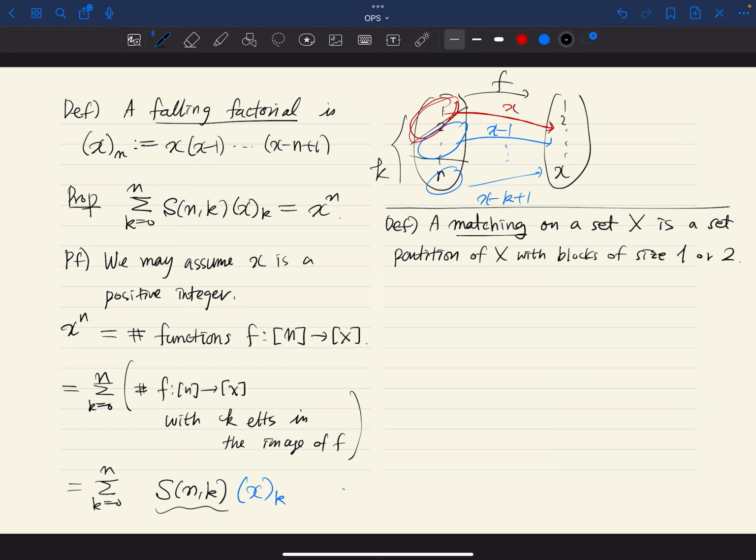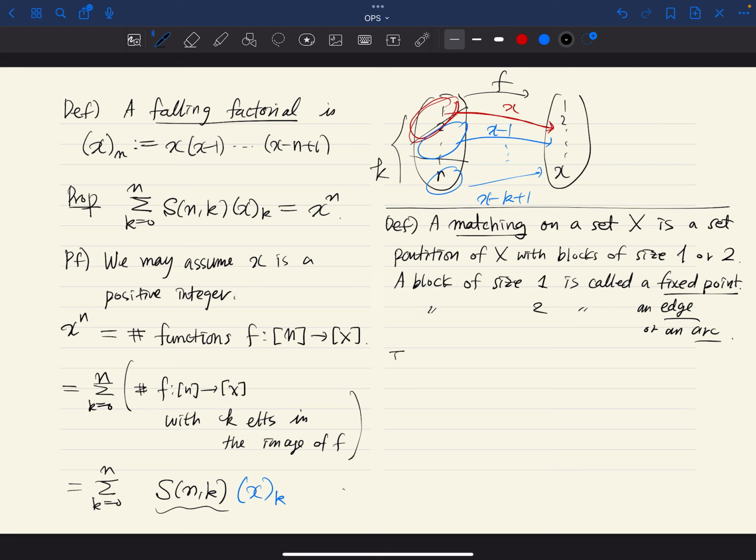A block of size 1 is called a fixed point of the matching. A block of size 2 is called an edge or an arc, because we want to draw an edge or an arc above these two elements.